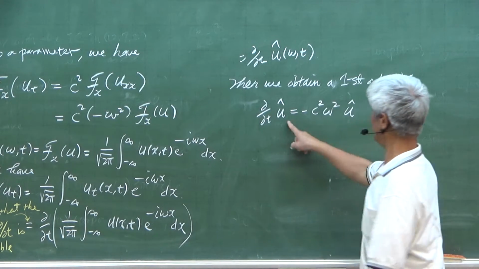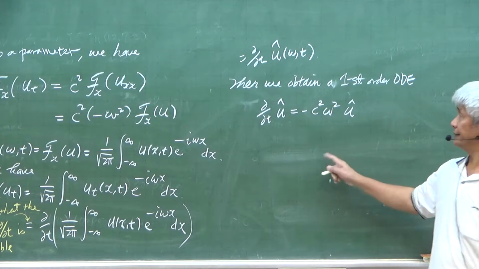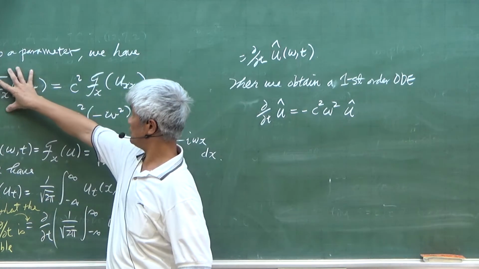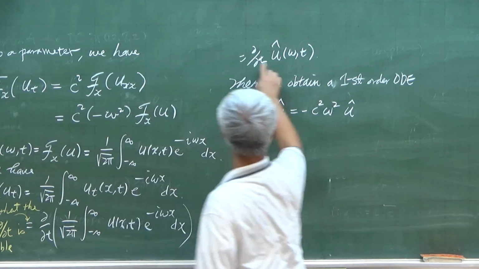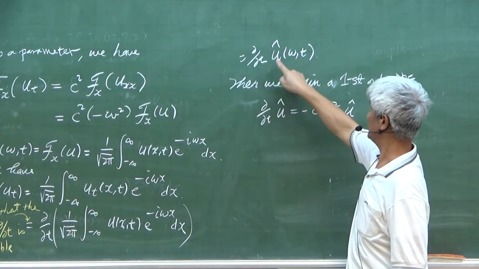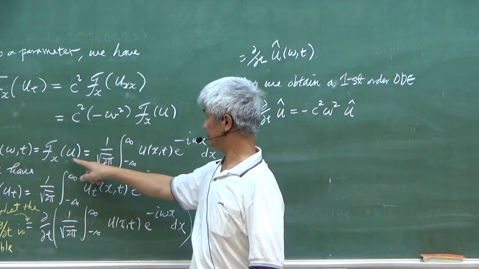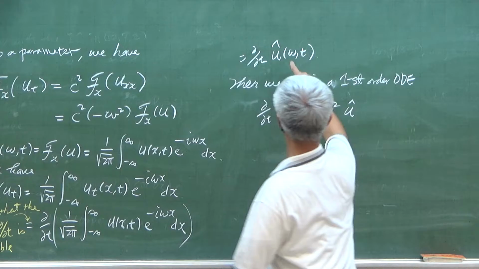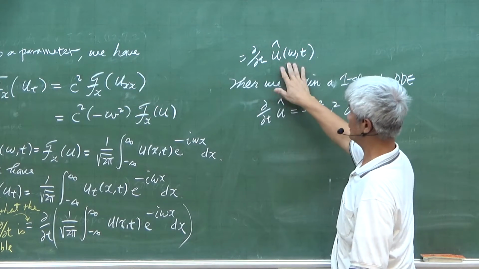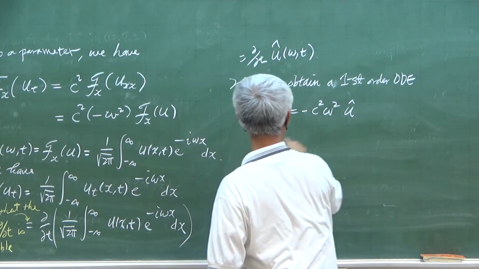Over here we deal with this one. This part has been dealt with. So the left-hand side is equal to the partial derivative of u hat. Remember, u hat is the Fourier transform of u with respect to the x variable. And the right-hand side is minus c squared omega squared and u hat.